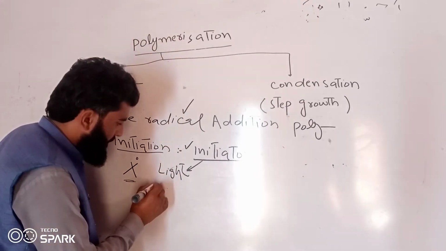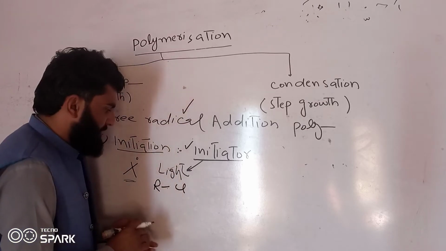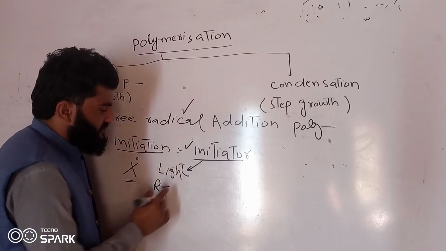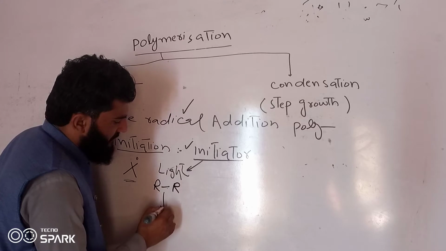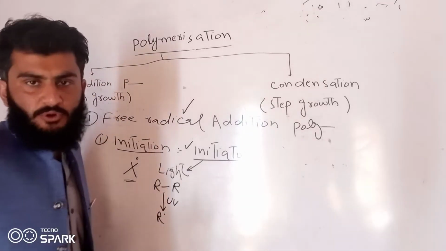For example, this is R and the other one is also R. With the help of ultraviolet radiation, free radicals can be produced.